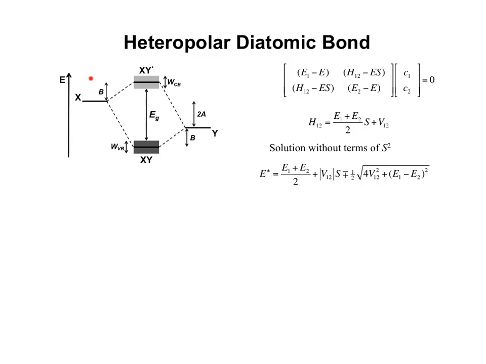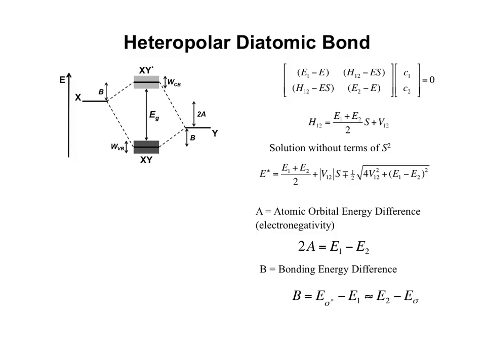On an energy diagram, let's call the atom with a higher atomic orbital energy atom X and the atom with the lower atomic orbital energy atom Y. This difference in atomic orbital energies, which we call the quantity 2A, is due to the difference in electronegativity of the two atoms, with Y being more electronegative, being more happy to accept electrons, and X being more electropositive, being more happy to give electrons.